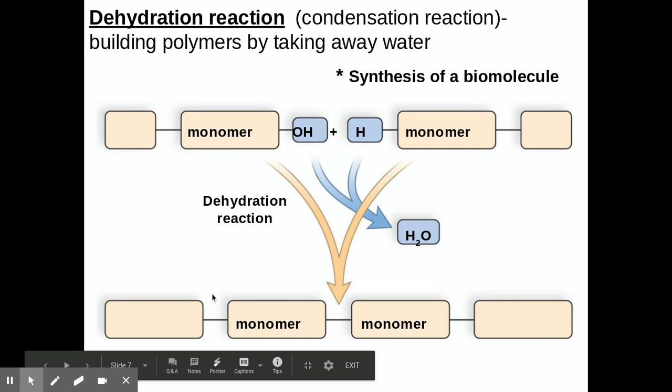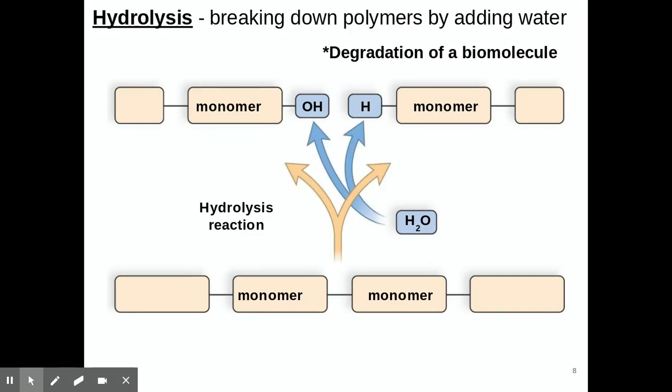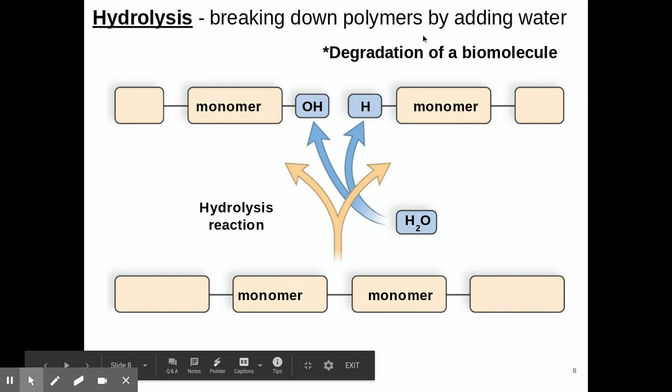Okay, so then just the opposite can take place if you're trying to go from a polymer and break it down to the individual monomers. That is called hydrolysis. So that's just going the opposite direction. Breaking down polymers. If you're starting at the bottom and you want to break down this big polymer, you're going to add water.